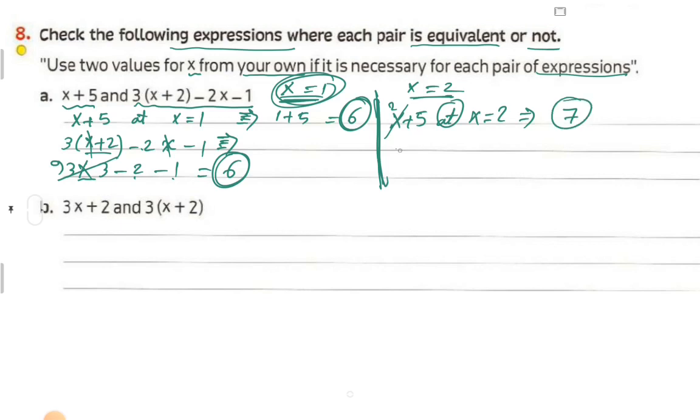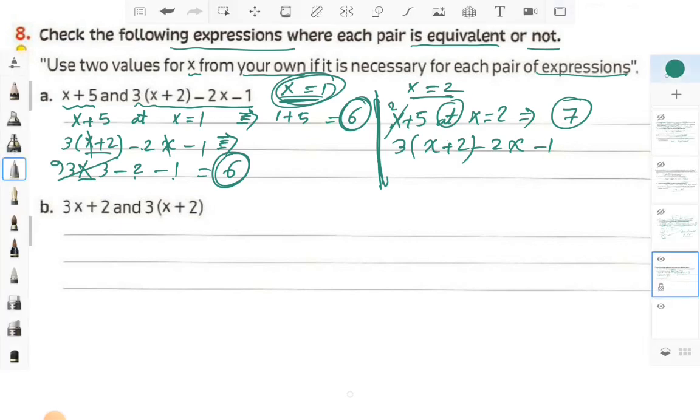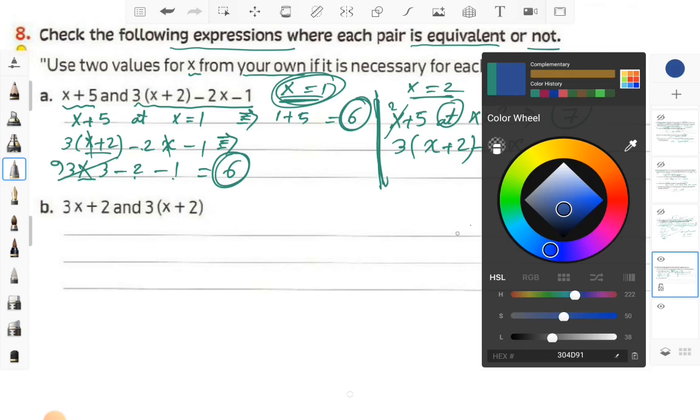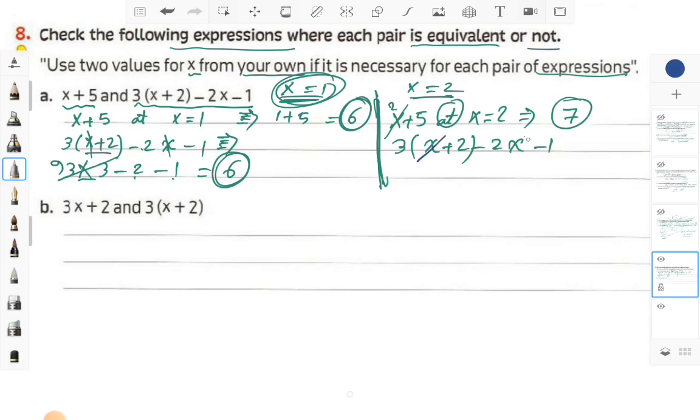The second one, 3 times (x plus 2) minus 2x minus 1. Remove x and put 2 and 2. Now I got 3 times (2 plus 2), which will be 4, minus 2 times 2, which will be 4, minus 1.